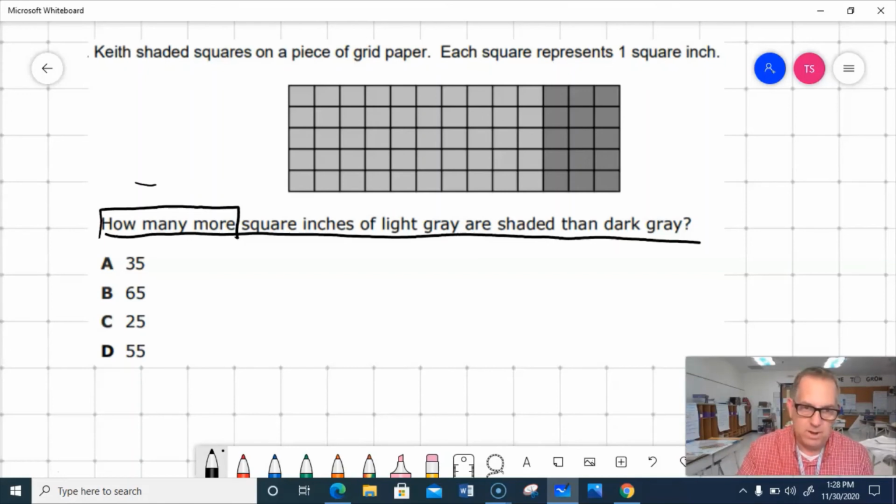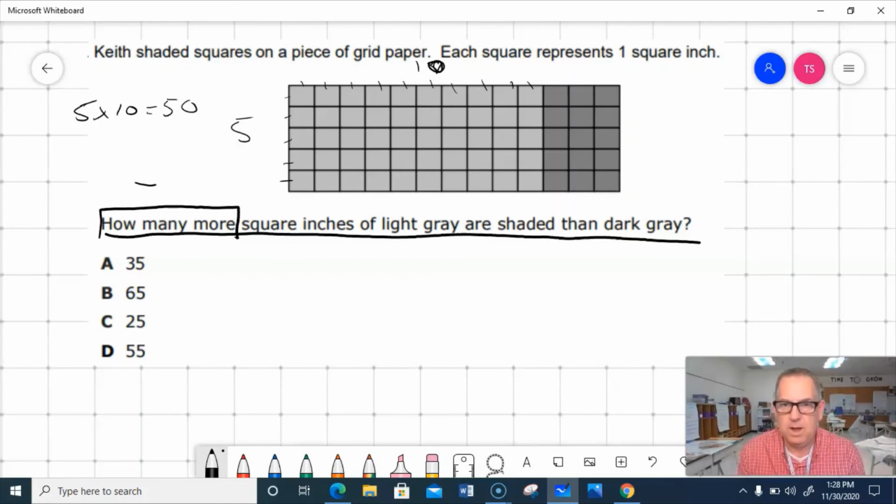All I have to do is count 1, 2, 3, 4, 5 by 1, 2, 3, 4, 5, 6, 7, 8, 9, 10. So the math problem I would do is 5 times 10. What is 5 times 10? Yep, 5 times 10 is 50. So 50 are light gray.